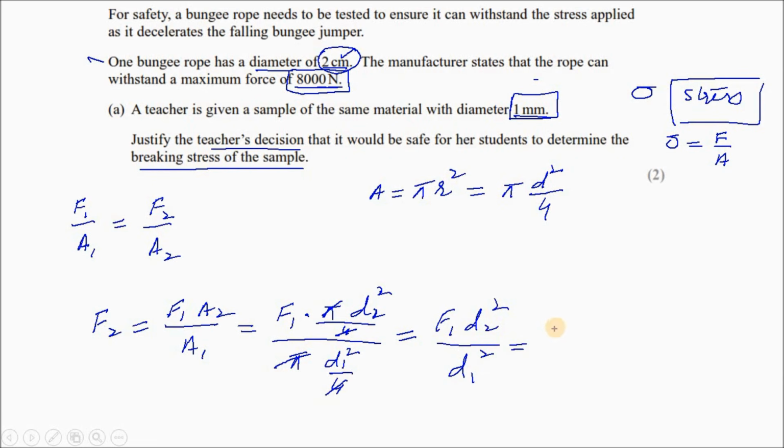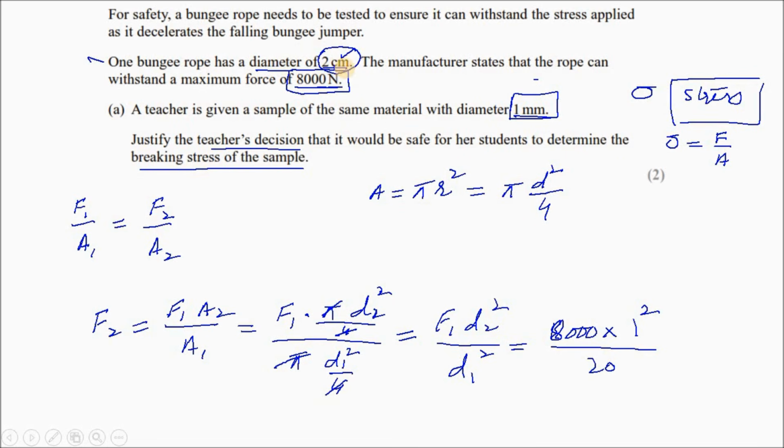So F1 is 8000, and d2 is the diameter of the second sample, which is 1 millimeter. So I'm just taking 1 square divided by d1. d2 is 1 and d1 is 2 centimeter, so it is divided by 20 millimeter because I took 1 in millimeter.